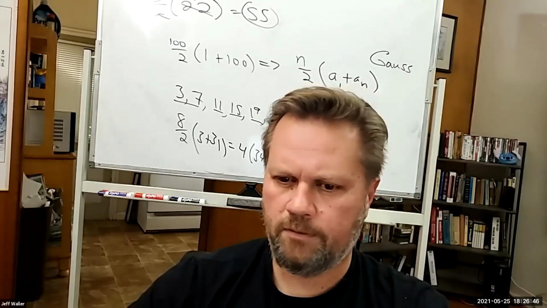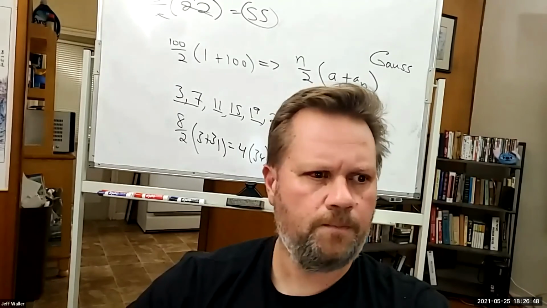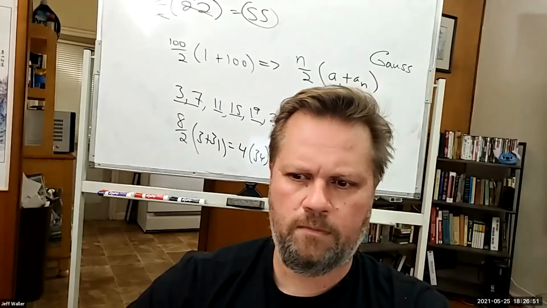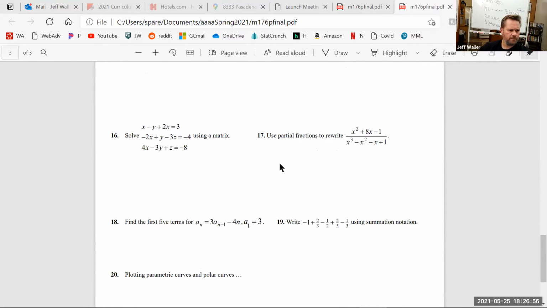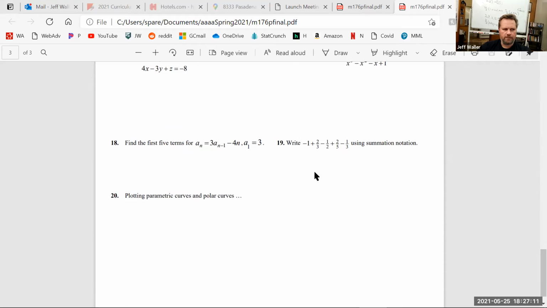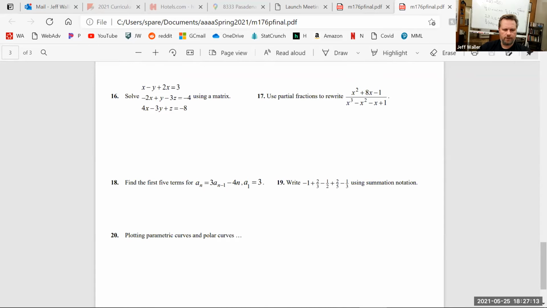Oh yeah, this is that Gaussian elimination, and this is the partial fractions that we all love. Of course I didn't give enough room for either one here. 16 and 20, not 17. Oh, 20 is an easy answer.